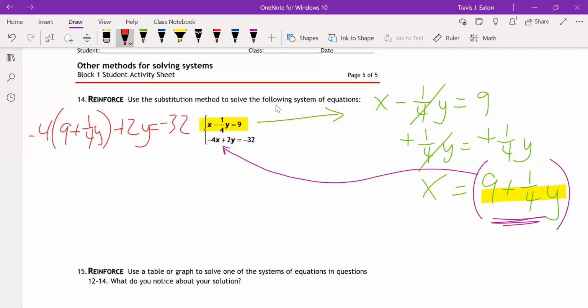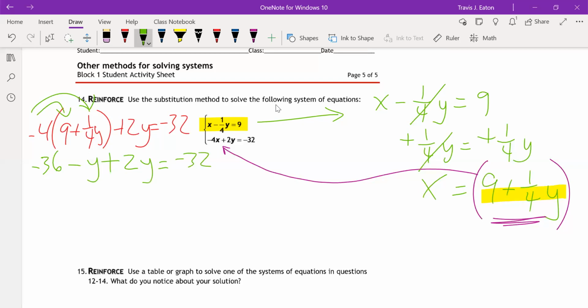Now I have to distribute my -4 into this quantity right here. So -4 times 9 is -36. -4 times 1/4 is -1. -1 times y is just -y. And then plus 2y. And that equals -32.